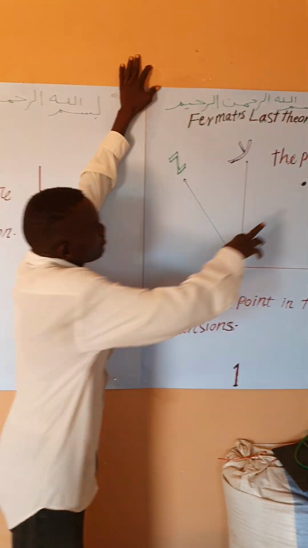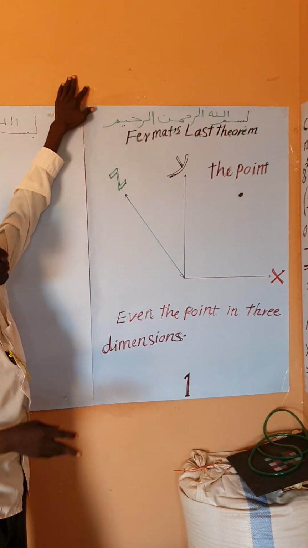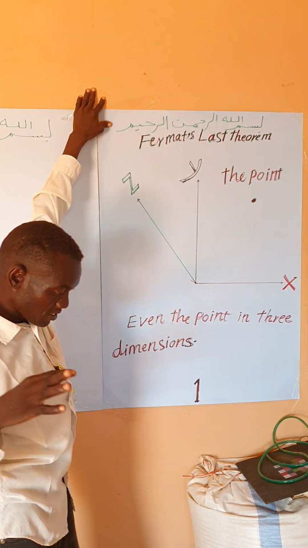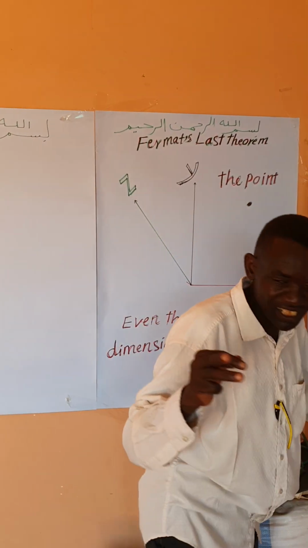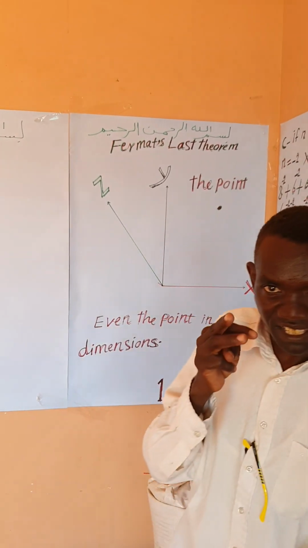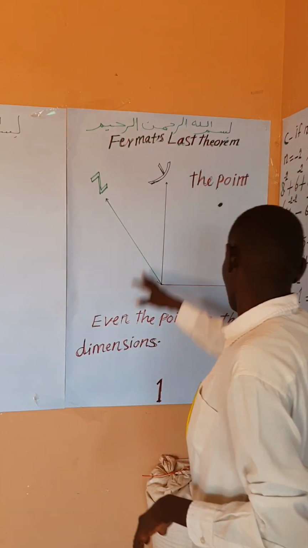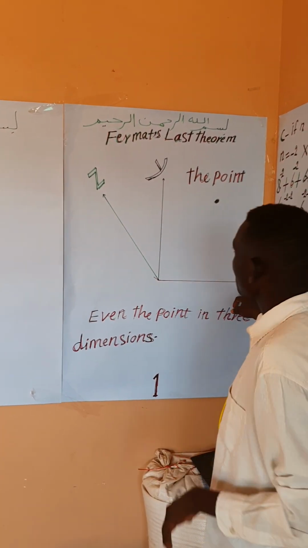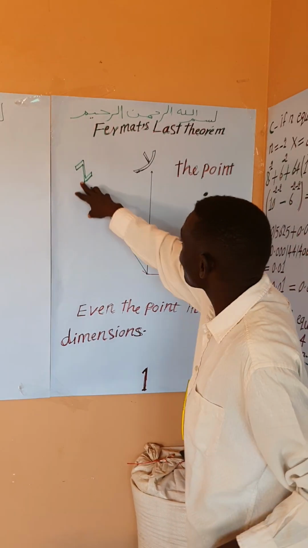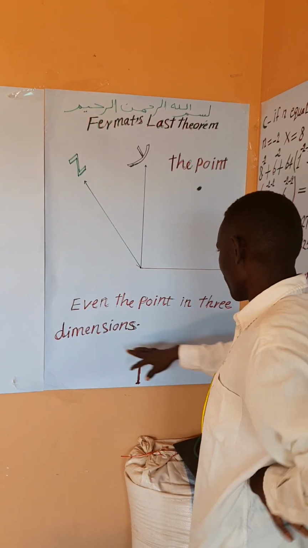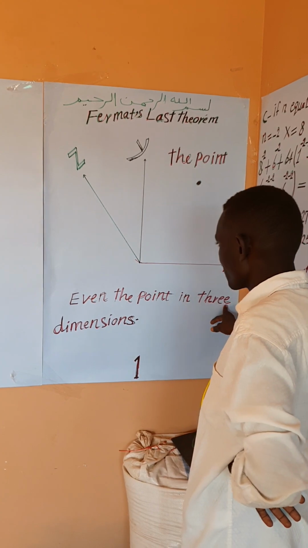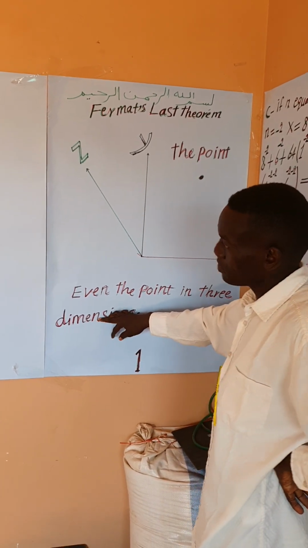Imagine the point. If you imagine the point, it is not in one dimension or two dimensions, only in three dimensions: the x-axis, y-axis, z-axis. Even the point is in three dimensions, not in one or two.